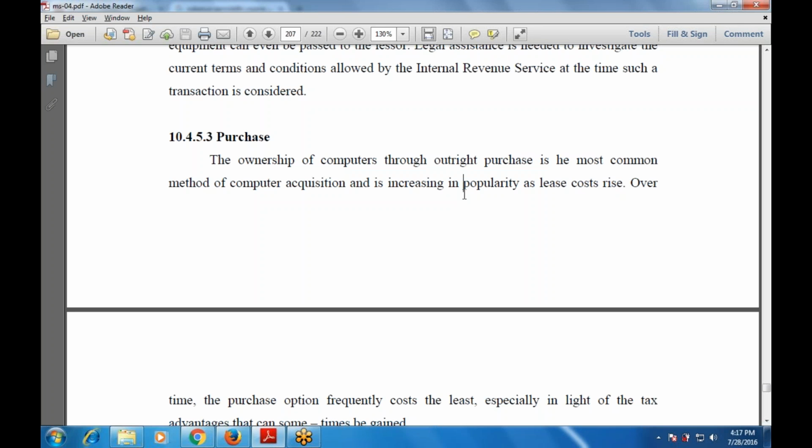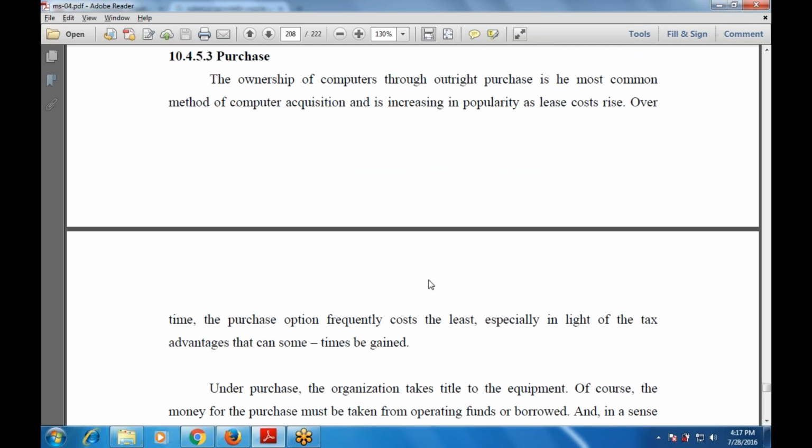As the cost falls, they are going for the least cost method. And over time, the purchase options.